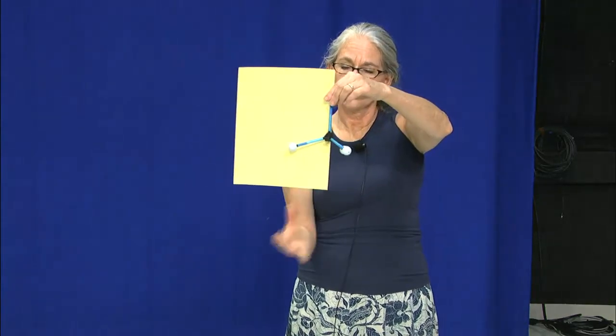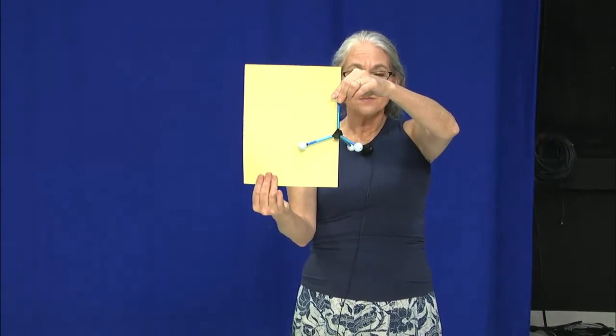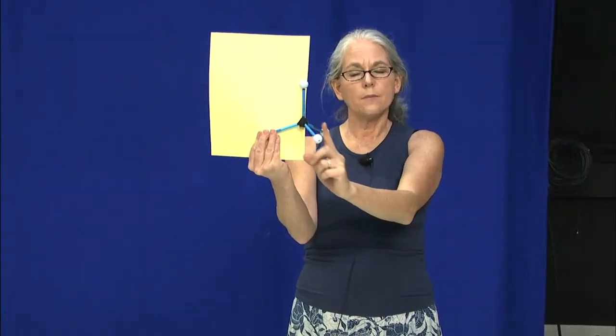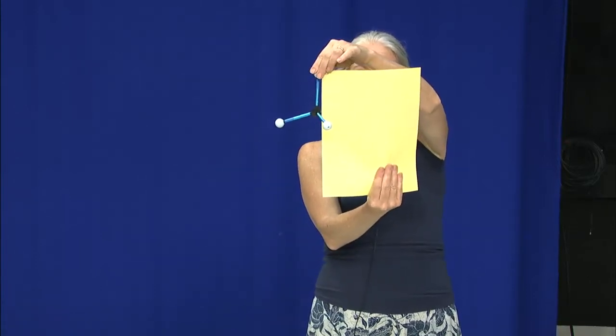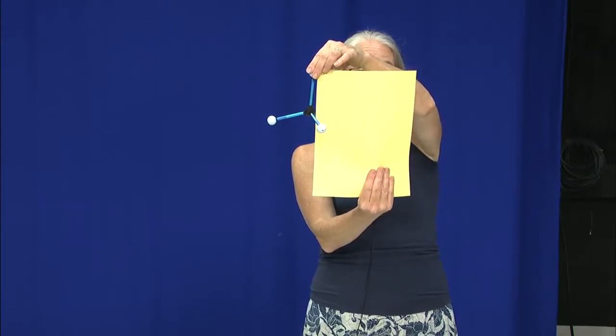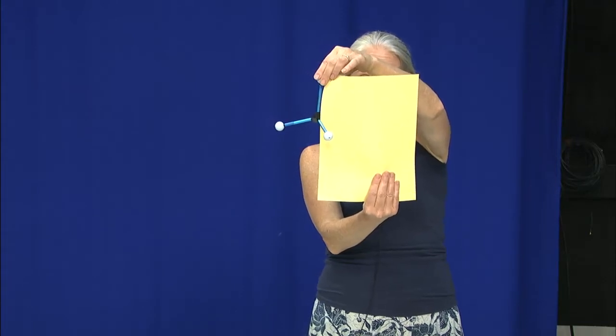The way I've drawn it on the paper, we've put these three atoms in the plane, and the atoms in the plane get the straight line. This atom that's poking out towards you got the wedge, and this bond got the dashed line, showing that it's going back into the paper. If I slide the paper over, we can see the wedge poking out, and now the dash is hidden because it's behind the plane of the paper. Alrighty, so now we'll go back to our notes.